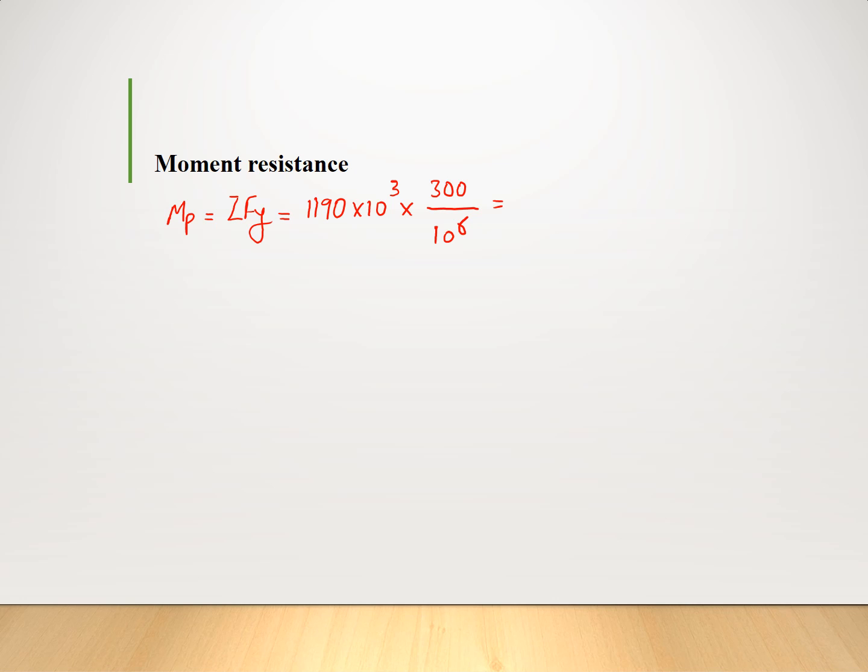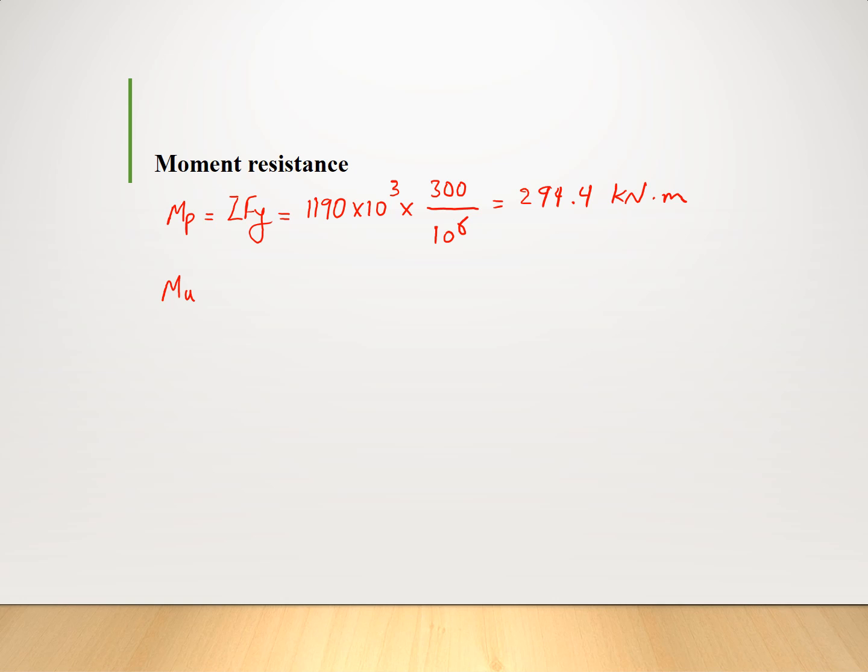That's for unit conversion. It is 294.4 kilonewton times meter. Now we have to calculate Mu. You remember that we have to find MP and Mu to see if Mu is bigger than 2/3 of MP or Mu is lower than 2/3 of MP.